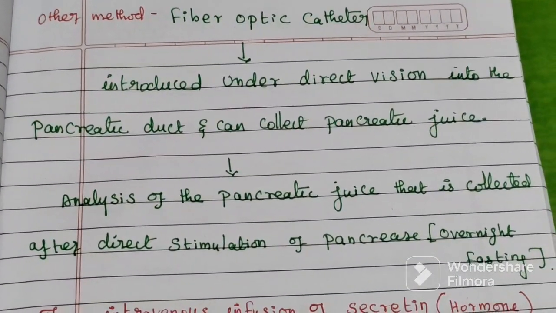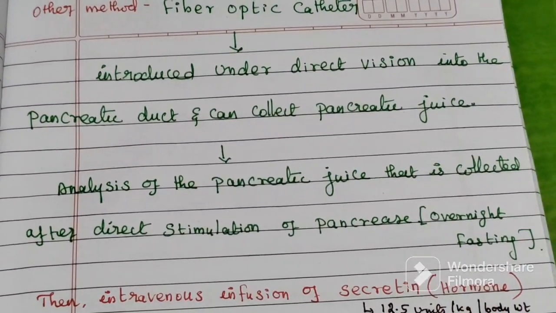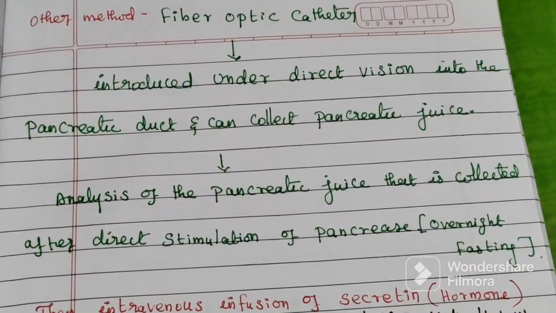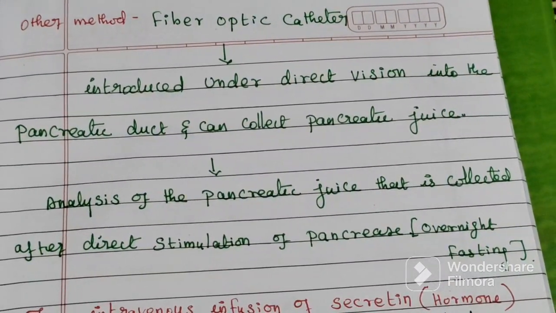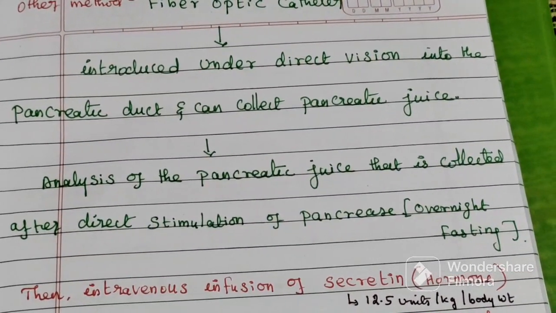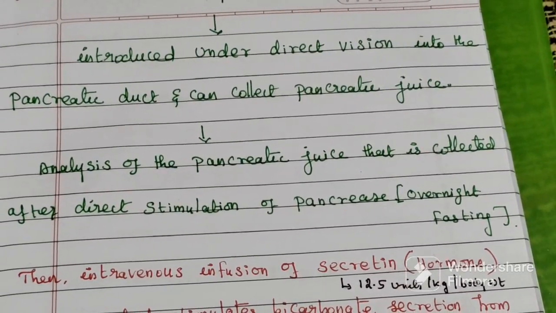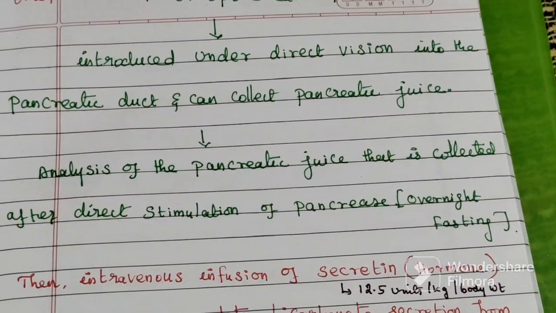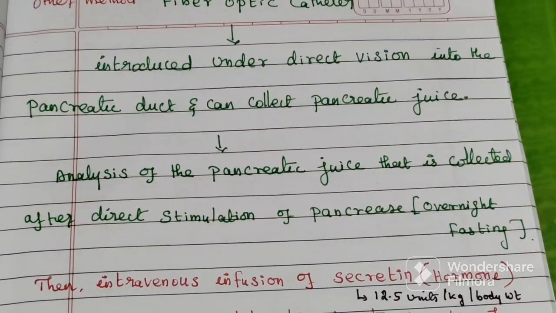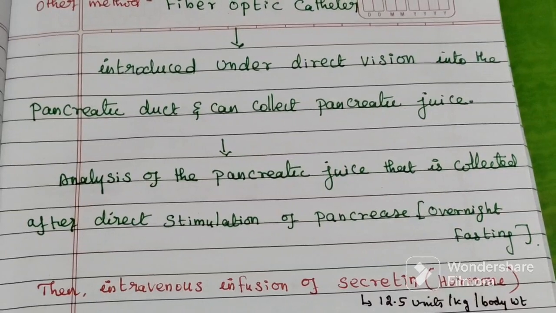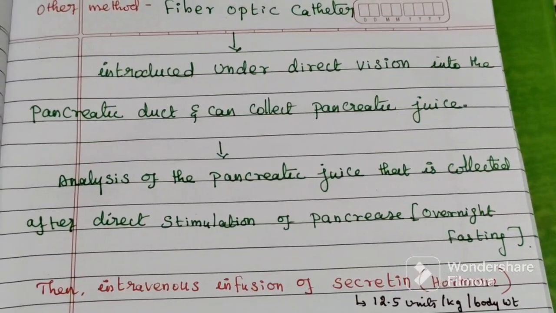Analysis of pancreatic juice is done after direct stimulation of the pancreas. For that, ask the patient to stay overnight fasted. After fasting, duodenal and gastric samples are collected, as we have introduced the tube in the morning.